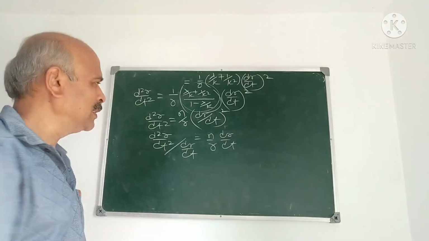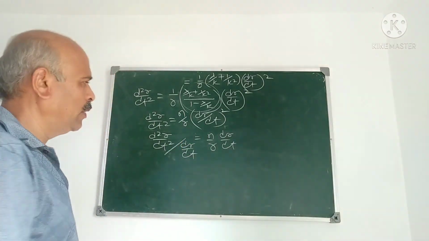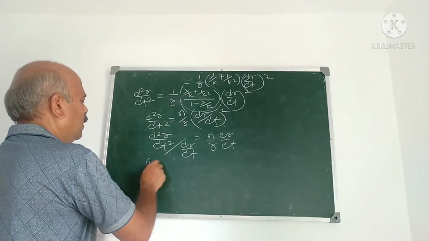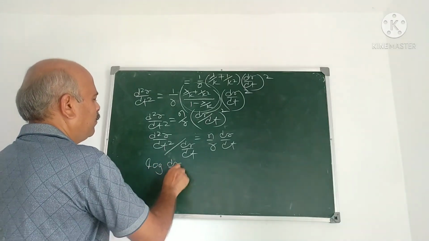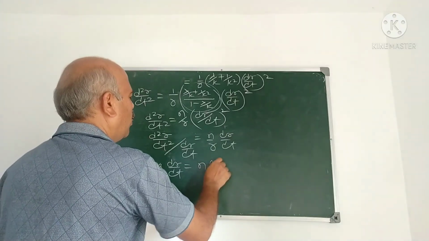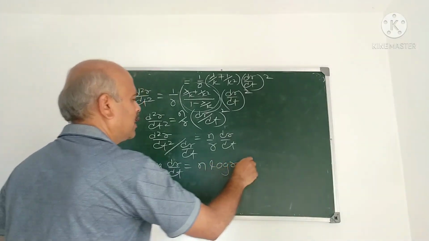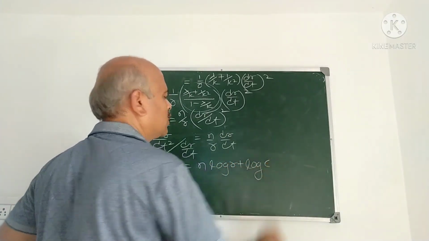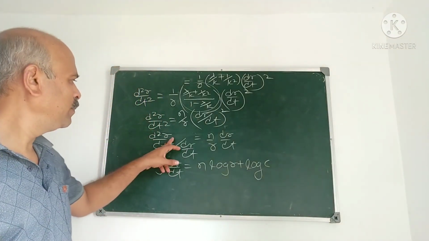We have arranged it like this. It is a differential equation. Now by integrating we get log dr by dt is equal to n log r plus, taking the constant of integration as log c. Follow the integration.